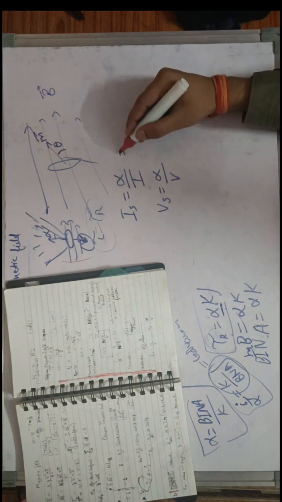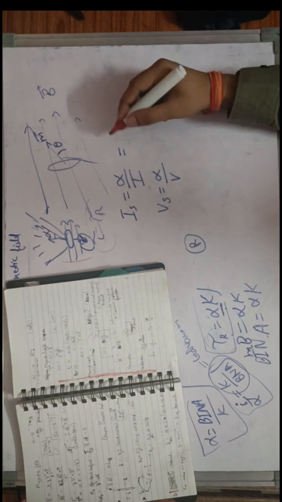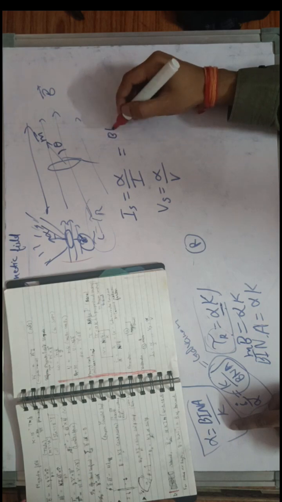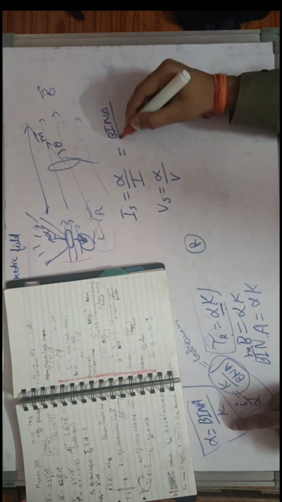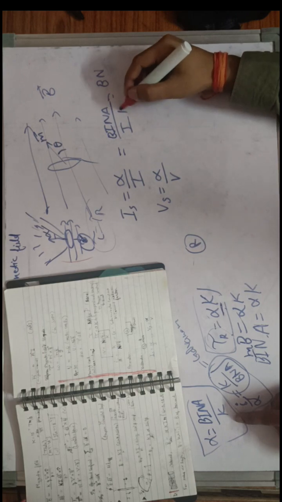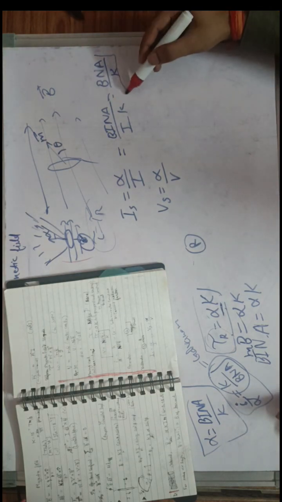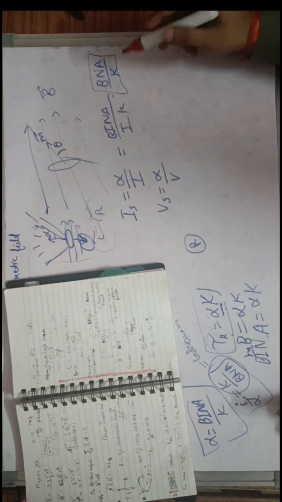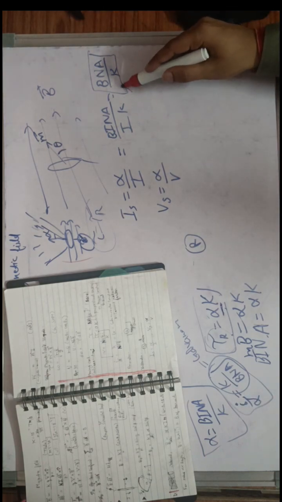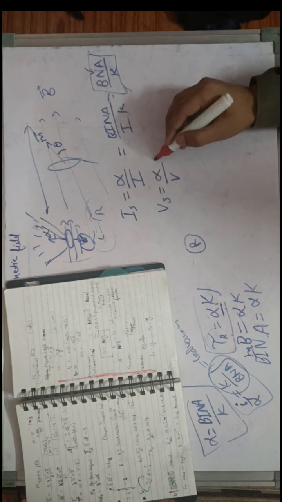Let's say the resistance of the coil is R, and alpha is given by B I N A divided by K. So B N A by K is a constant value for any galvanometer with n number of turns.